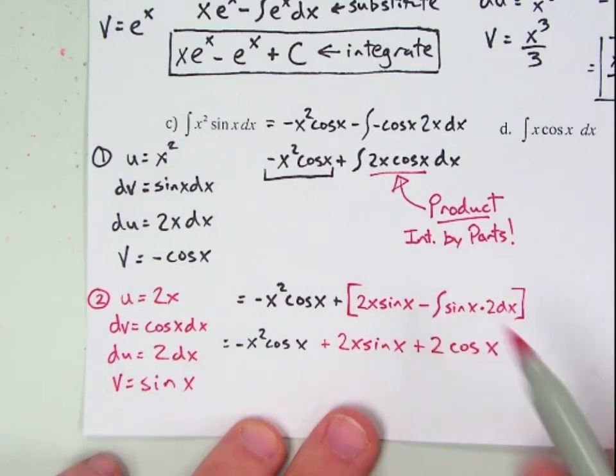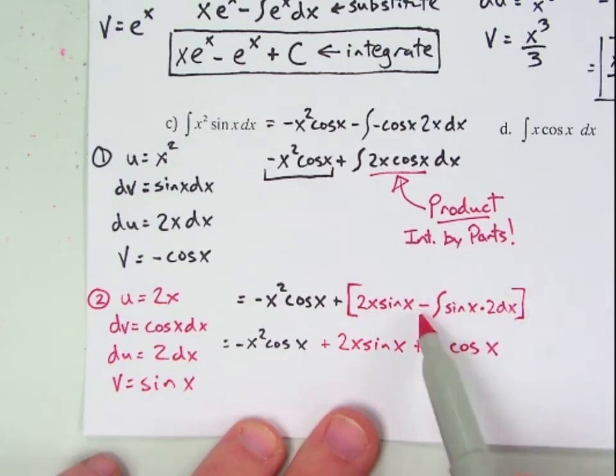The integral of sine is negative cosine, so it's a double negative, making it positive. And then at the end, plus c.